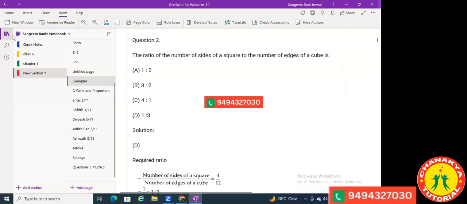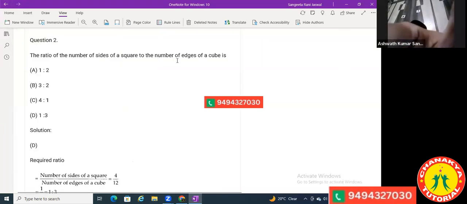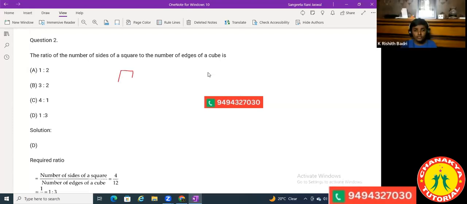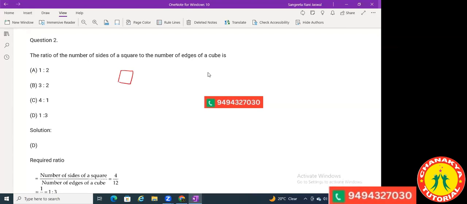Okay, now see the next. The ratio of number of sides of a square to the number of edges of a cube is how much? Now a square has how many sides? 4. A square has 4 sides. And a cube has how many edges? Edges means where the two sides meet.